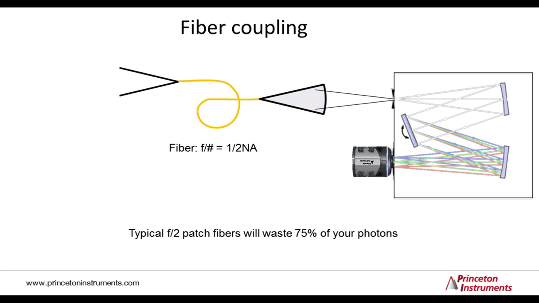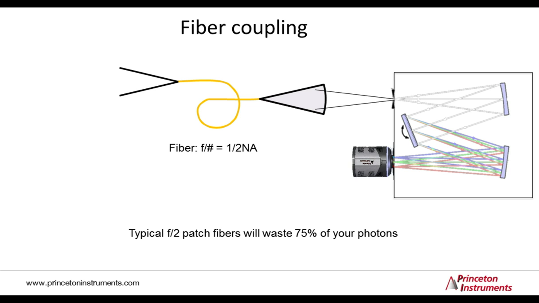So as an example where aperture directly plays a role, let's consider coupling light into the spectrographs using an optical fiber. Fibers typically have a specific numerical aperture as well that defines the acceptance and emission angles of light.